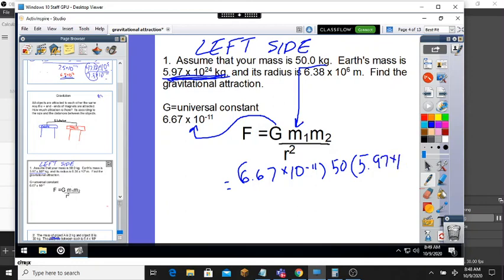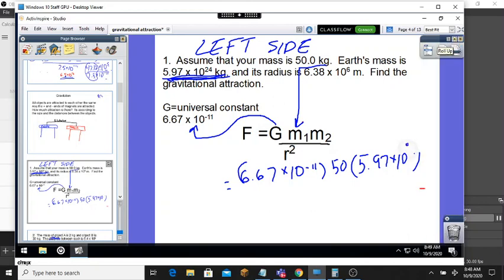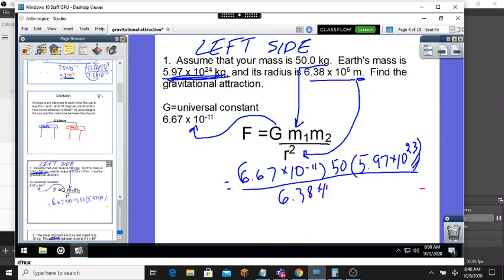Anytime you have exponents, put them in parentheses so that it separates them from other numbers. And anytime you see meters, that is a radius, okay? So this is 6.38 times 10 to the 6, squared.